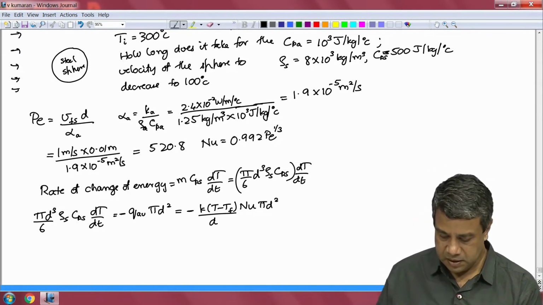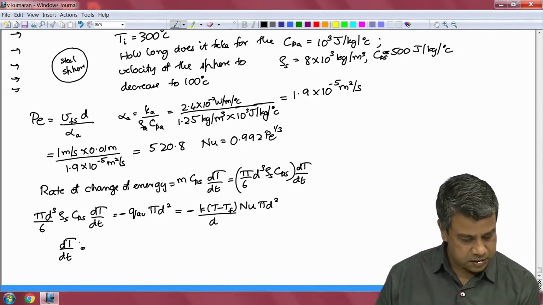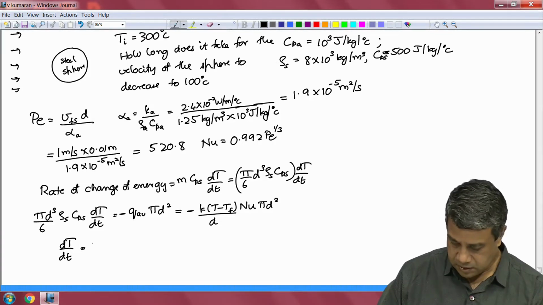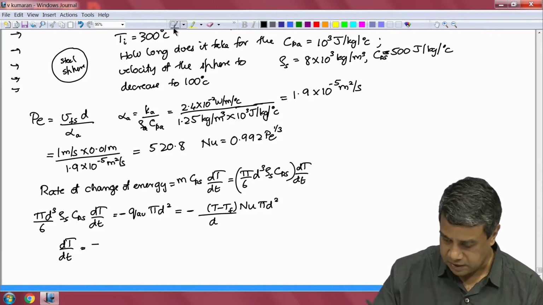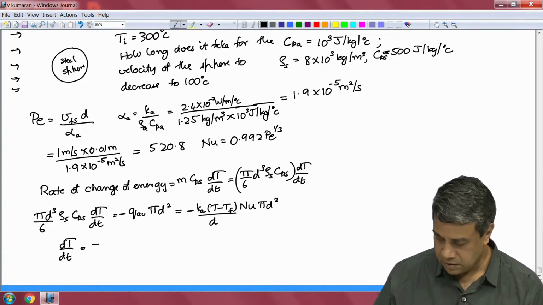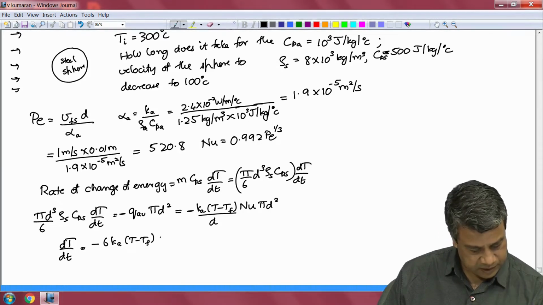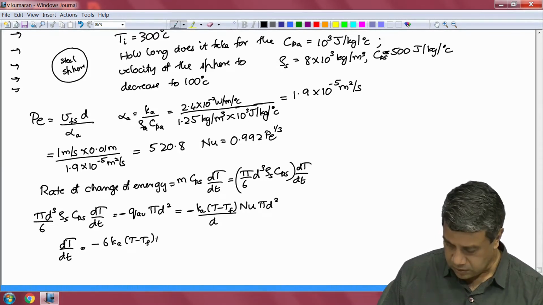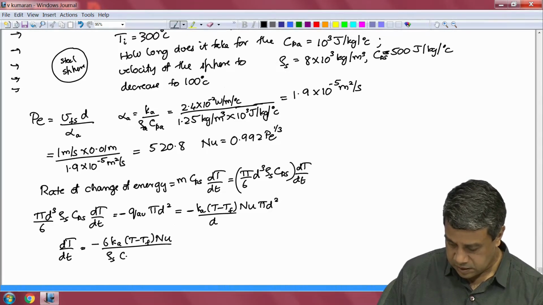And you can do some simplification here to get dT by dt is equal to minus 6, I should be careful here, this is k of air, 6 Ka (T minus Tf) Nu by rho s Cps d square.